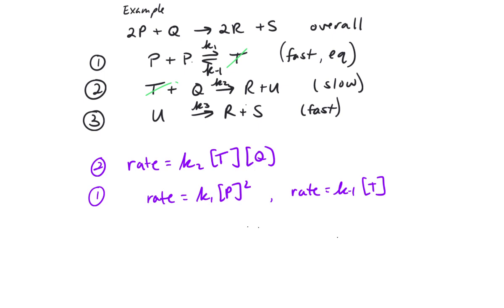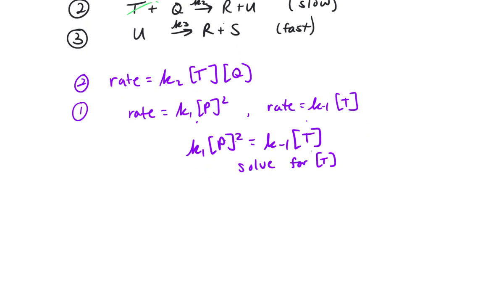The forward reaction and reverse reaction are happening simultaneously in a dynamic equilibrium. And importantly, the rates are equal. So because of that, we can set these two equations equal to each other. So I'll have k1 times P squared equals k minus 1 times T. And now we can solve for T. We will get k1 over k minus 1 times P squared equals T.